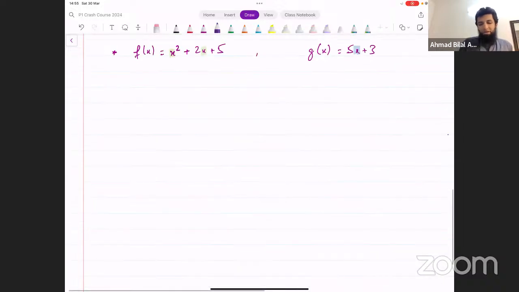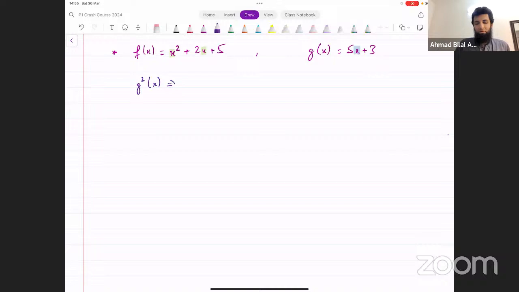Okay. Now, another thing that you have to evaluate sometimes is something like this. Maybe you're asked about, let's say, g square of x. Now, what would that mean? G square of x.